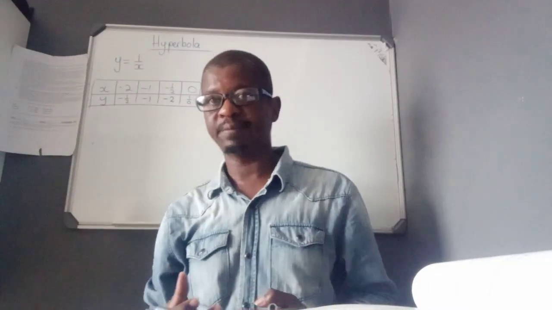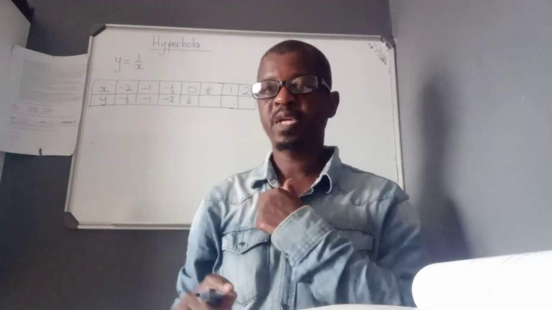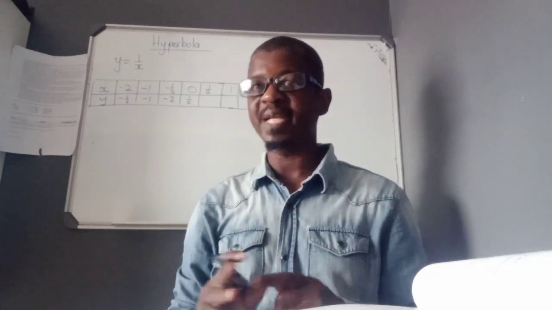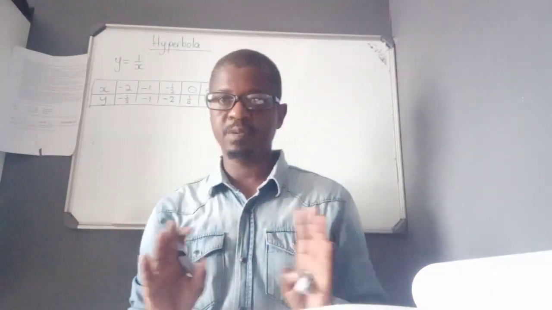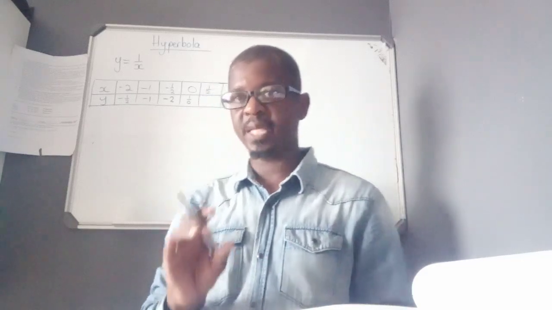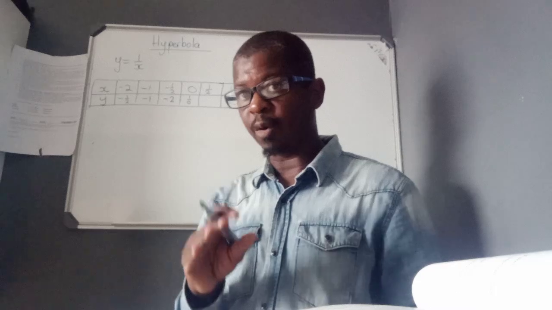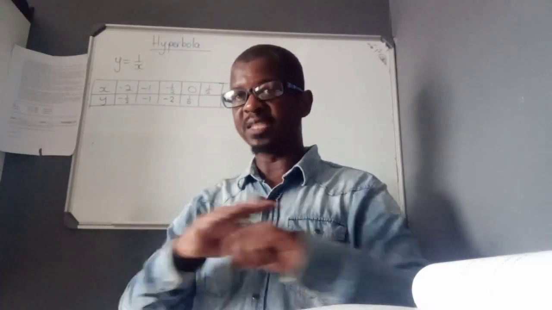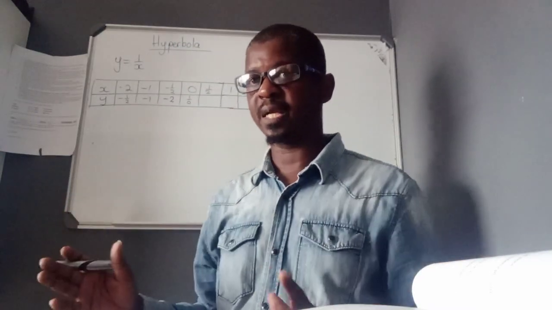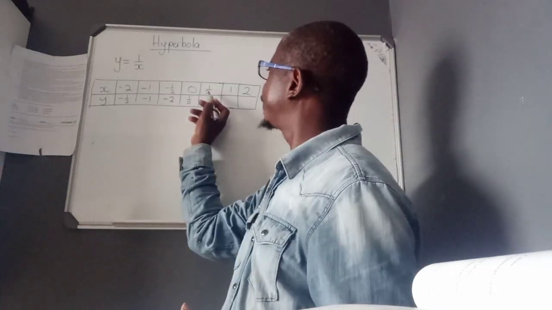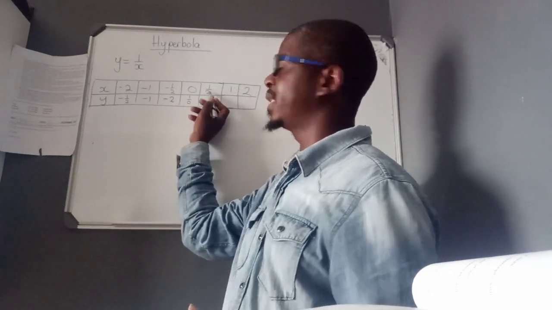If you go to your calculator and try to divide 1 by 0, it might show an error to say that there is no such thing. In maths we say it's undefined. Moving on, we will later show what undefined means when we are sketching the graph.